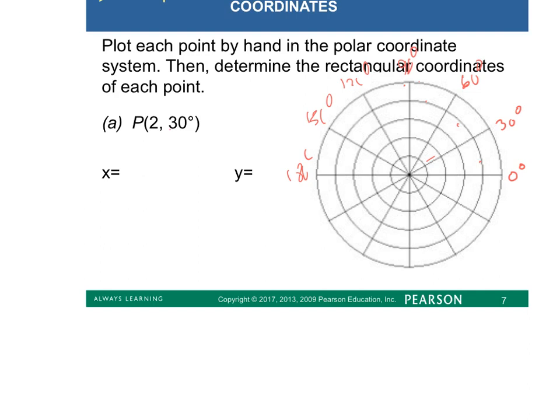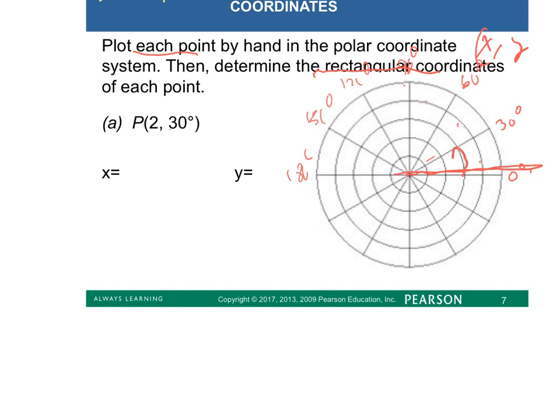So when you're graphing this, he wanted us to plot the point first. Well, that's the easiest. Then determine the rectangular coordinates. What are x comma y? Okay, that's what that means. So here I go. Here's my polar axis. It is axis, and polar bears live on it, so it's polar axis.